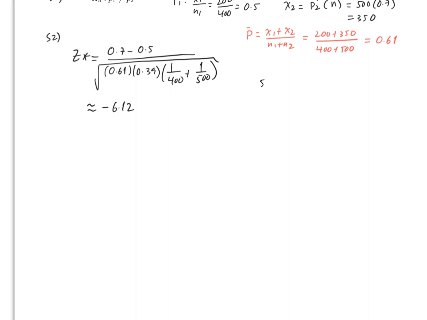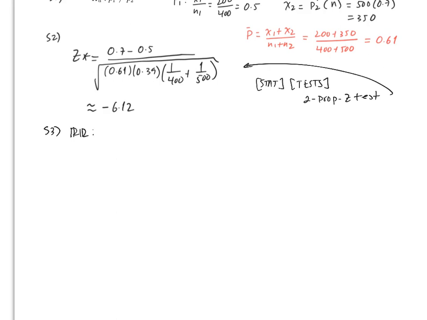You have to go to Stat, Test, and then look for the one that says two proportions Z test, and it will give you this value. Okay, now step 3, to find the rejection region.